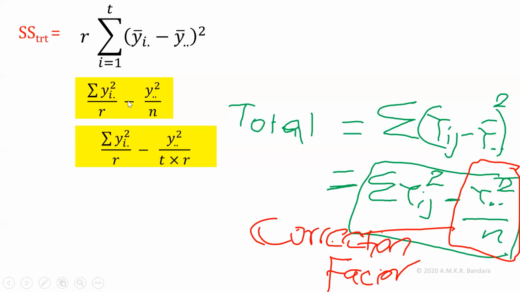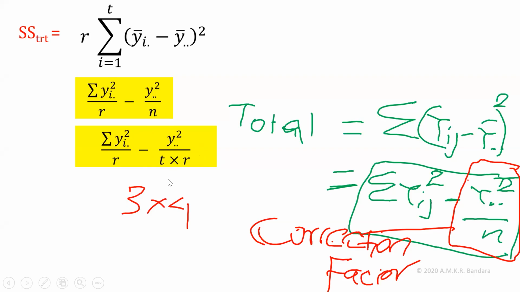So in our experiment, the total number of observations n is 12, which comprises t number of treatments, that is 3 treatments, and r number of replicates, that is 4. 3 into 4 is 12, so n is 12.